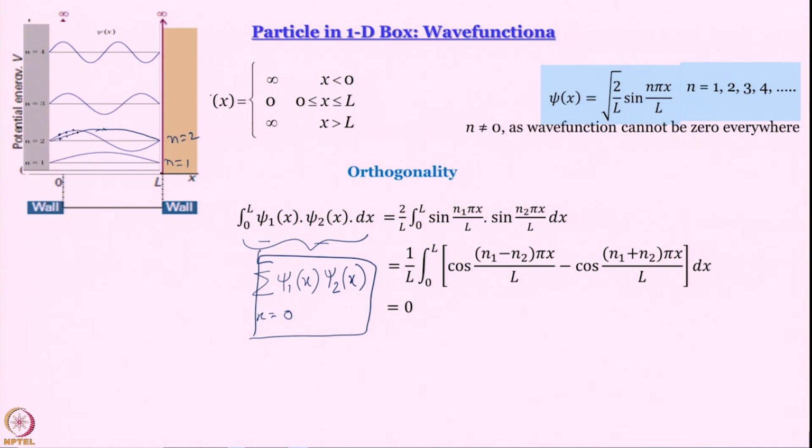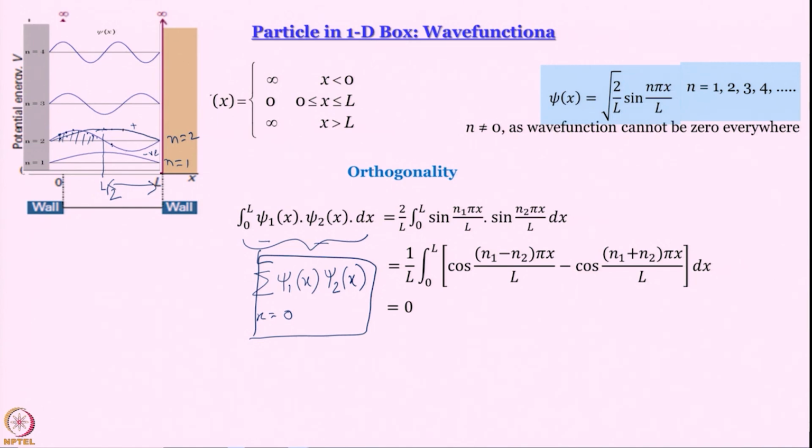For all values of x. I hope it is not very difficult to see that as long as I am between x equal to 0 and x equal to L by 2, this product will always be positive. What happens between x equal to L by 2 and x equal to L? Psi 1 is negative, psi 2 is positive, and when I multiply this by this I get a negative quantity, multiply this by this I get a negative quantity.